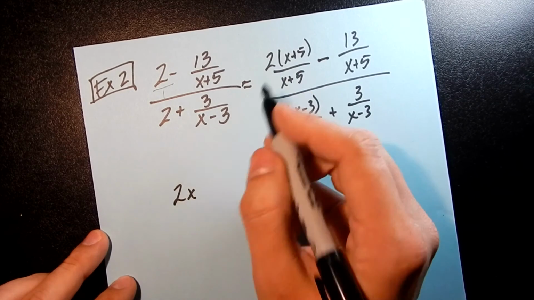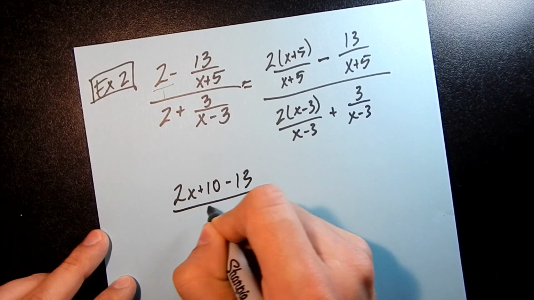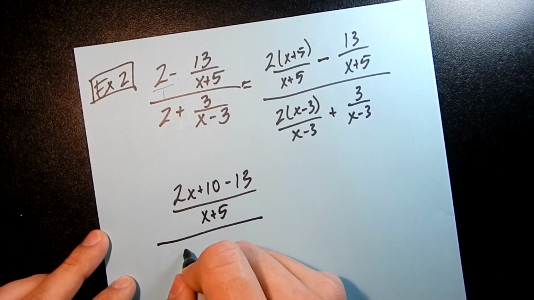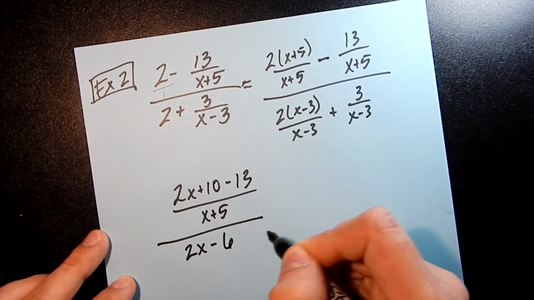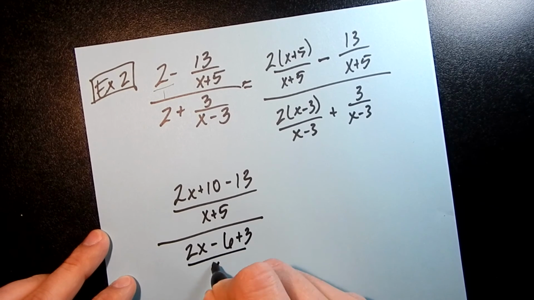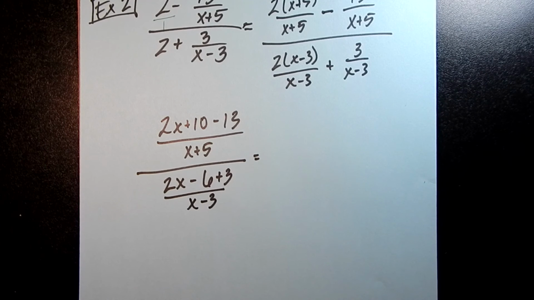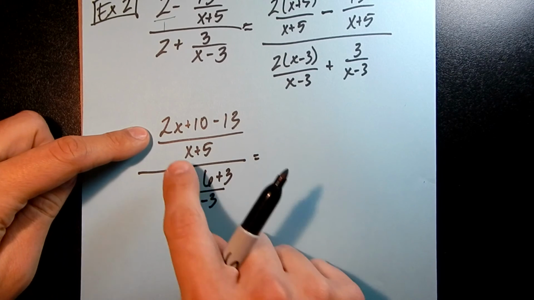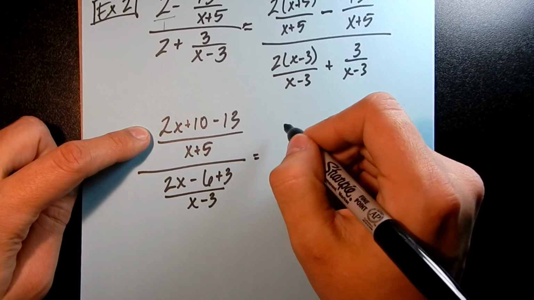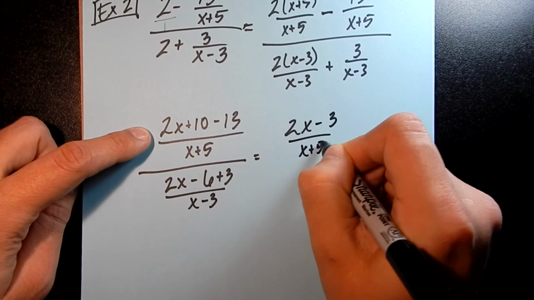So 2 times x is 2x, 2 times 5 is 10, minus 13 over x plus 5 over, I've got 2 times x minus 2 times 3 plus 3 over x minus 3. And we're going to do a little bit of simplifying here. So I've got 2x plus 10 minus 13. So 10 minus 13 is a negative 3. So 2x minus 3 over x plus 5.